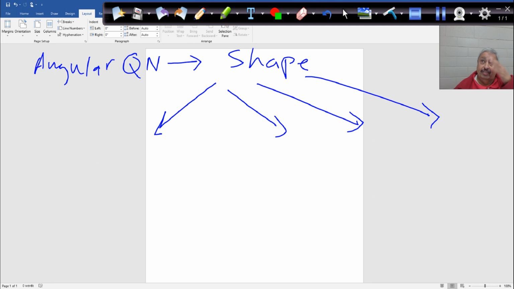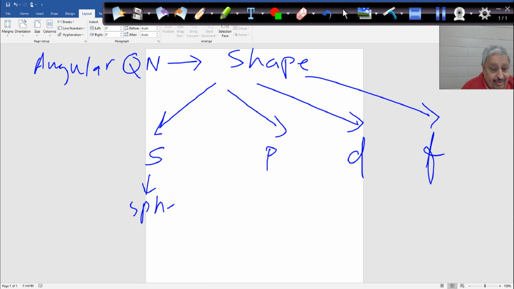But if somebody goes to another galaxy in millions of years from now, maybe we'll have more elements, and therefore we might have something else. So we have S, P, D, F shapes. S for spherical.